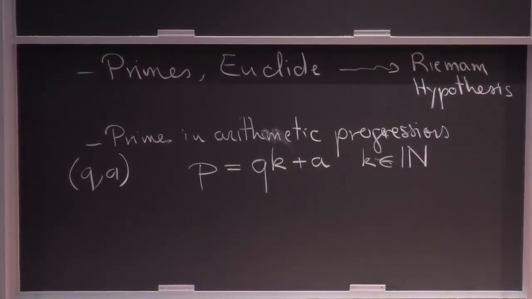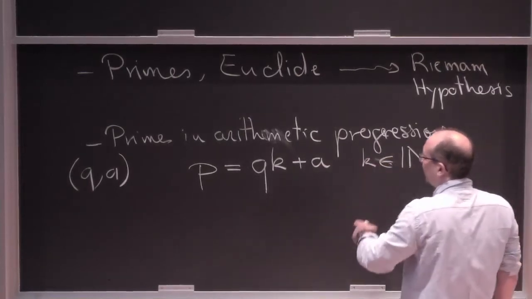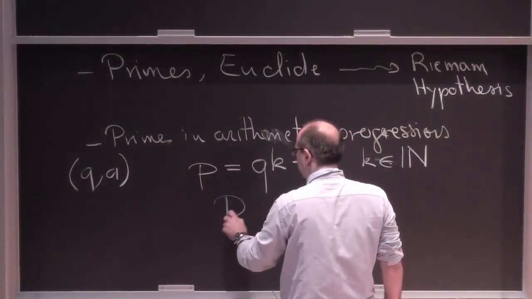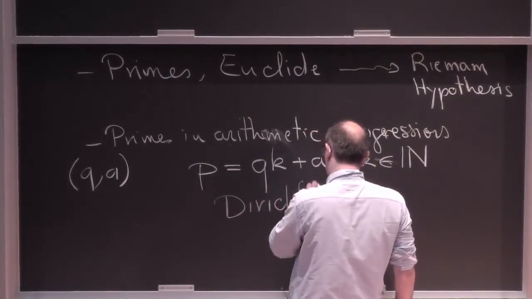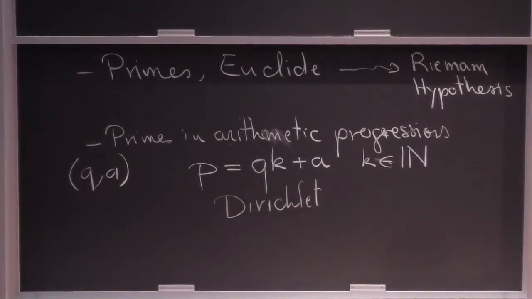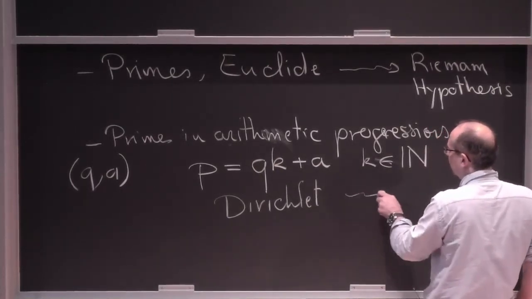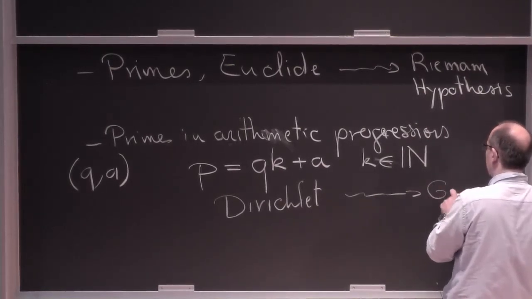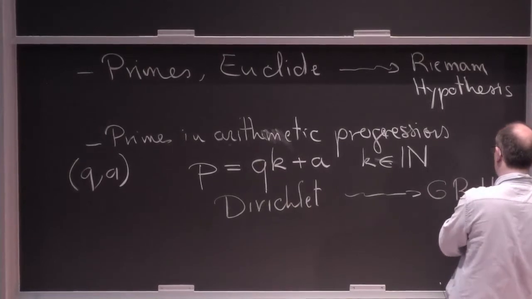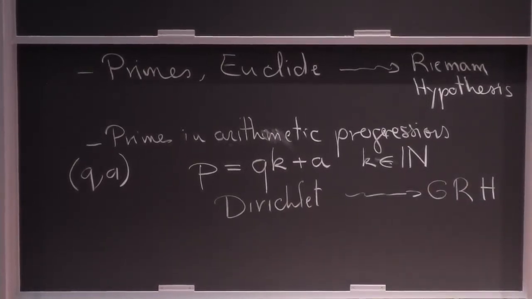This is a theorem of Dirichlet. And then you have a string of progress about counting these, which go through Riemann, Hadamard, de la Vallée-Poussin and Landau, and then the horizon is the generalized Riemann hypothesis, which would allow you to count primes in arithmetic progression with great accuracy.